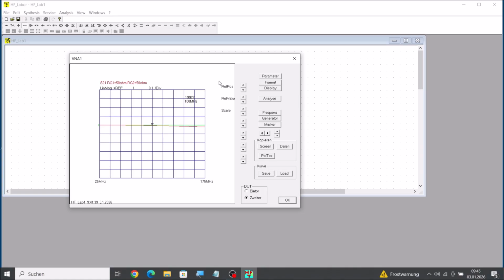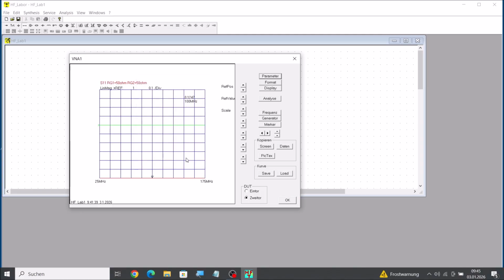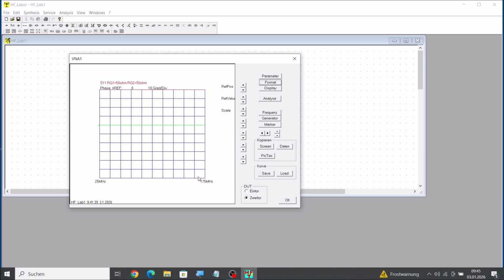The main difference we will see in the phase. In the example we got a phase of S11 which was 90 degrees, so I must now change the parameter again to S11, and I want to change the format now into a linear phase diagram.